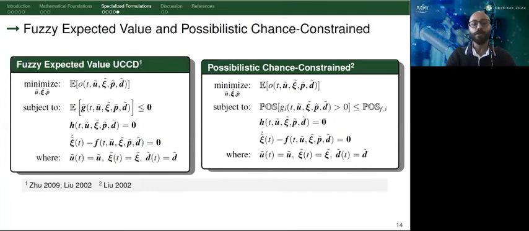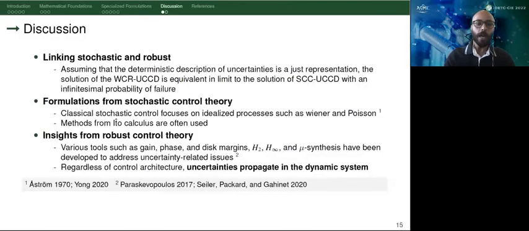Here you can see two descriptions that are motivated by fuzzy representation of uncertainties. We can have fuzzy expected value UCCD formulations and possibilistic chance constraint UCCD formulations. A few points of discussion here. First of all, stochastic and robust UCCD are related to each other.